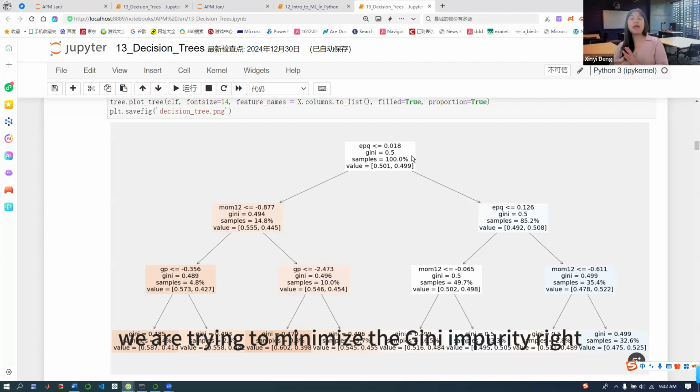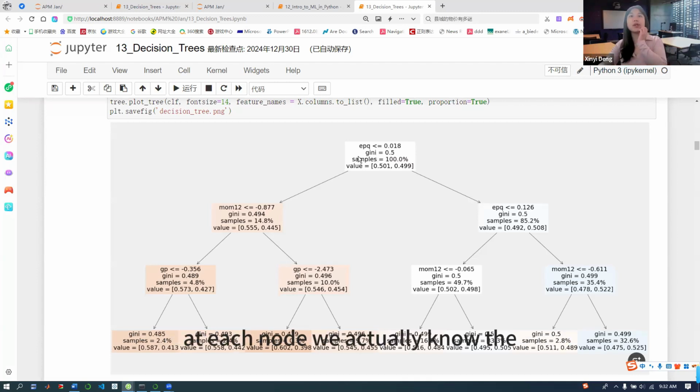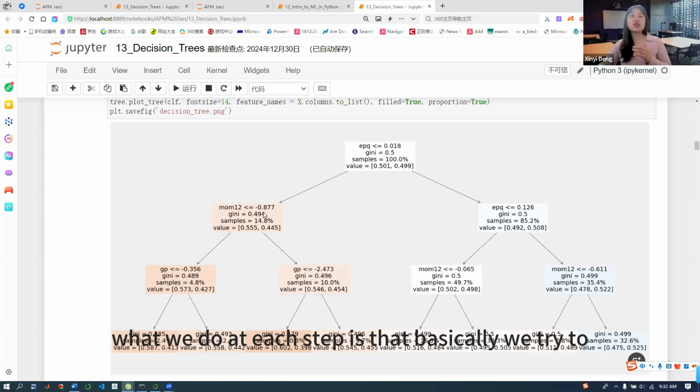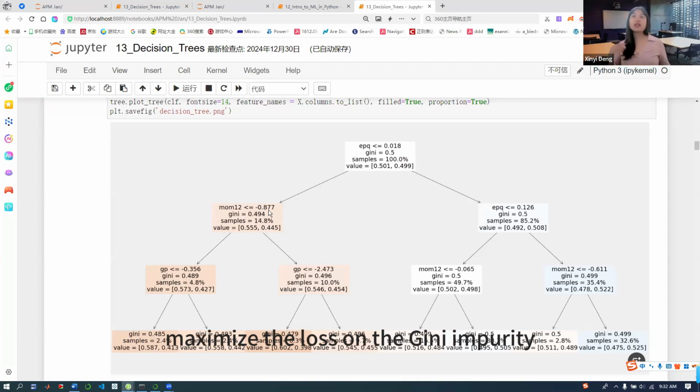And at each node, we actually know the Gini impurity of the current data set, either the full data set or the Gini impurity of the subset. So to achieve our ultimate goal of minimizing average Gini impurity, what we do at each step is that we try to maximize the loss on the Gini impurity. That's a core intuition here.